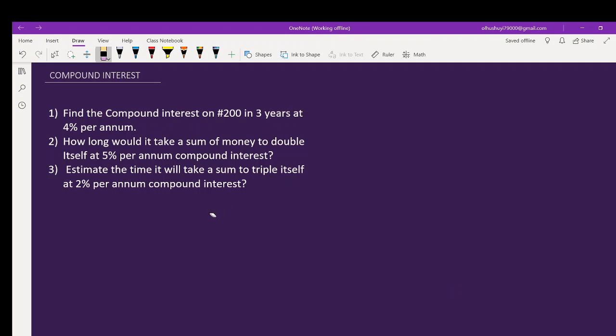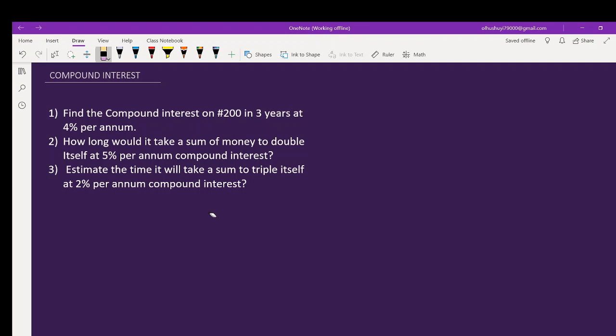We've spoken about simple interest, and that is a situation where you have interest generated on a principal that is being invested for a stipulated period of time, which means the principal is constant.